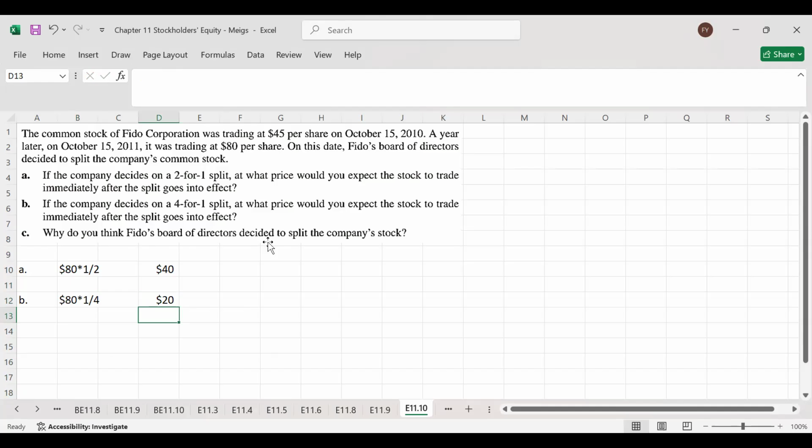The first and very important reason is to make the stock more affordable for the investors by decreasing the price per share. So the main reason the board of directors decided to split the company's stock is in order to attract more shareholders at lesser value.